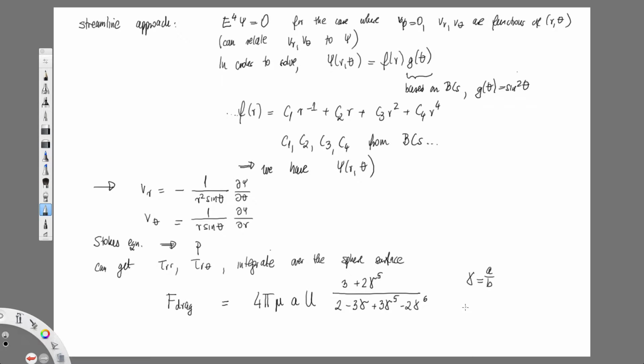And we know that gamma cubed is 1 minus porosity. So this is porosity.